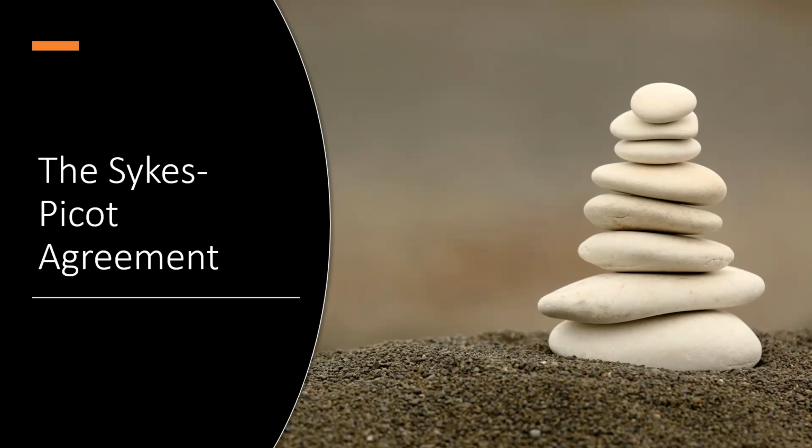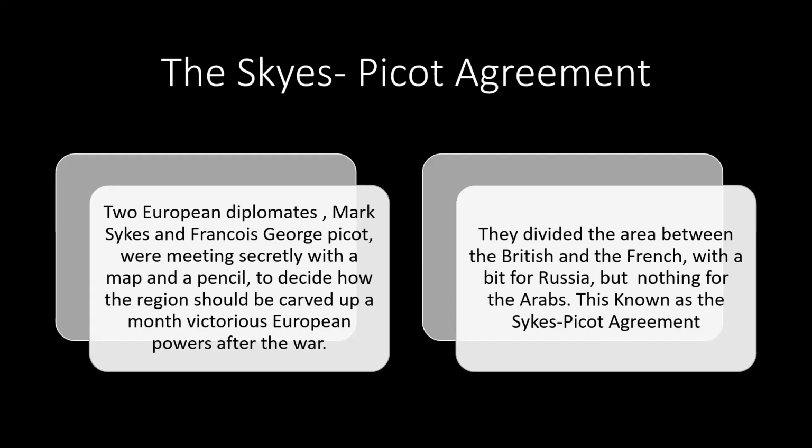They used their intelligence and they worked hard. They didn't use only weapons and people, they used all these techniques. This is what I was talking about: they divided the areas between the British and the French, a bit for Russia.